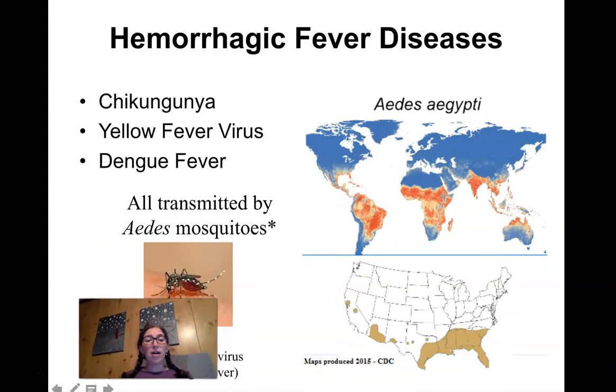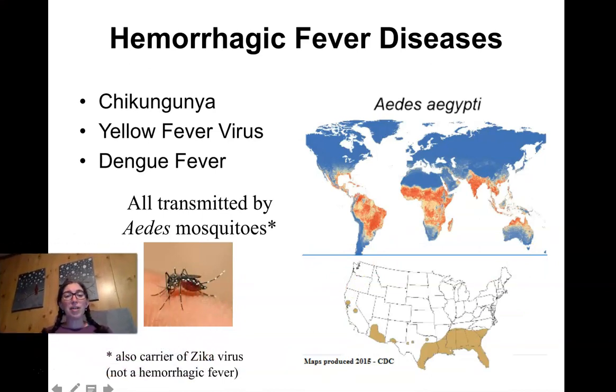So some other hemorrhagic fevers that are in a lot of different tropical areas: chikungunya, yellow fever, and dengue fever. So if you travel to any of these regions, you will probably need to get a yellow fever vaccine. All of these have in common that they're transmitted by a mosquito called the Aedes mosquito, which is different than the Anopheles mosquito, which transmits malaria.